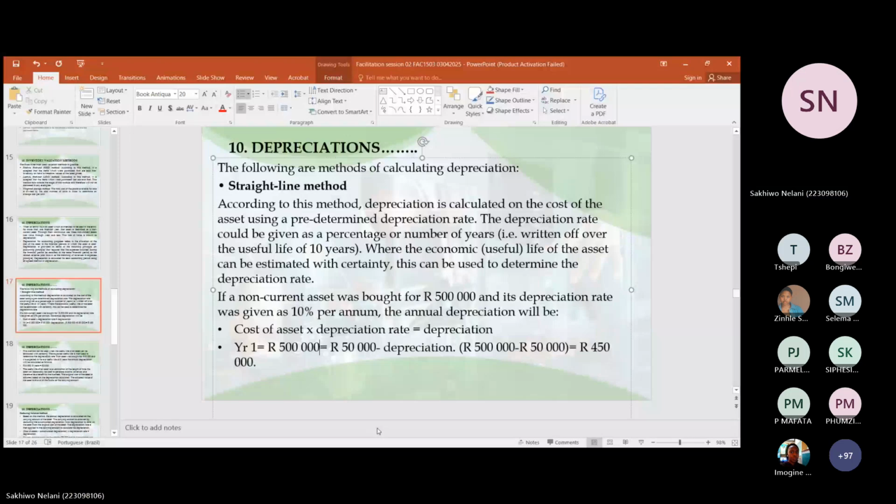Any attempt? Wouldn't you divide 500,000 over the 10 years? Who's speaking? Bongiwe Zibani. Bongiwe is correct, but you must be vigilant in terms of the questioning method. If we are told this asset's useful life is 10 years, it's 500,000 divided by 10, so the depreciation per year would be 50,000.